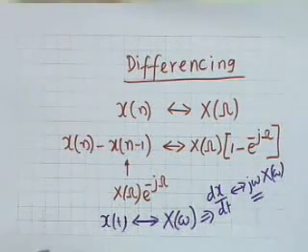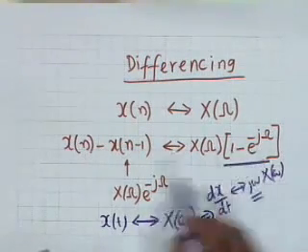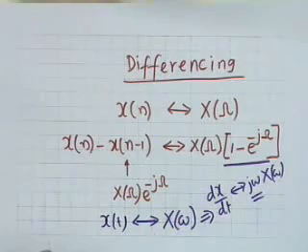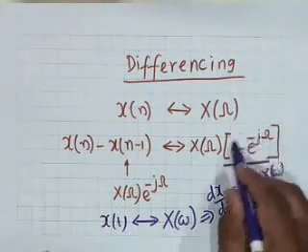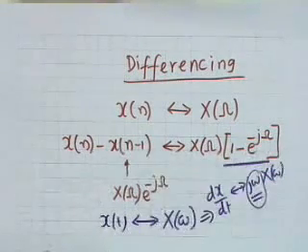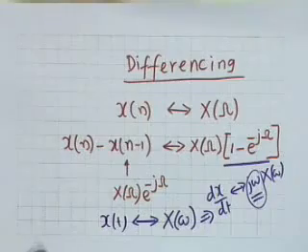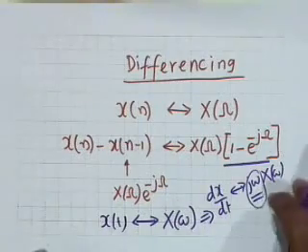You see, multiplication by j omega is now replaced by 1 minus e to the minus j omega. Differencing makes this kind of a difference. That is, for the continuous time domain it is a multiplication by j omega. In the discrete time domain it is still a multiplication, but the factor is 1 minus e to the minus j omega.